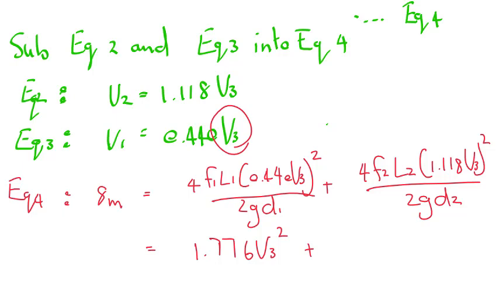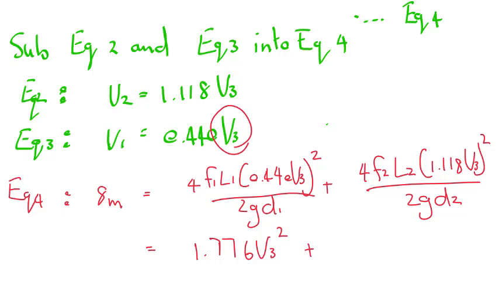And the second one, again, we have to calculate. You can use your stored values in your calculator or the stored equation. So it will be 4 times the F, 0.009, times the length of pipe 2, which is 2,000 meters, times brackets again, 1.118 squared, divide by 2 times g times d2.